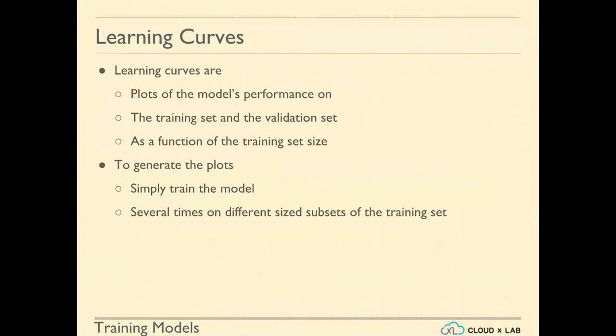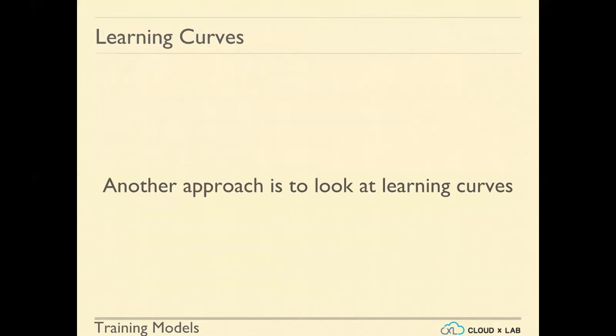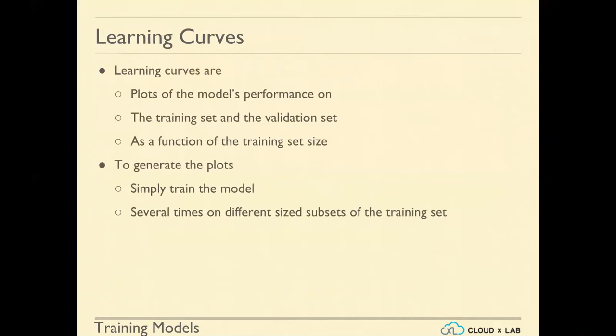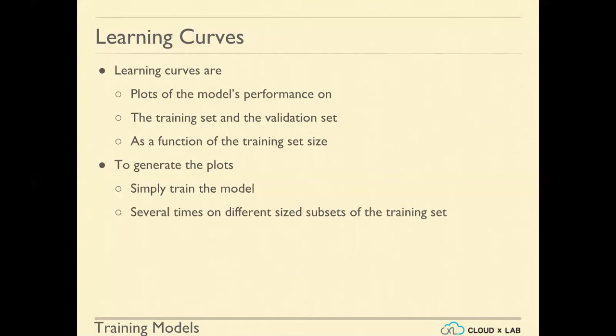Now, one approach is using this thumb rule. The other is looking at the learning curve. I think we discussed this part. Learning curves are the plots of the model's performance on the training set and the validation set. In the case of a learning curve, we train our model on different sizes of the data.